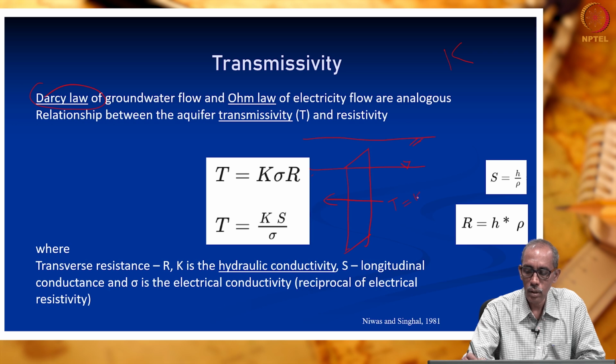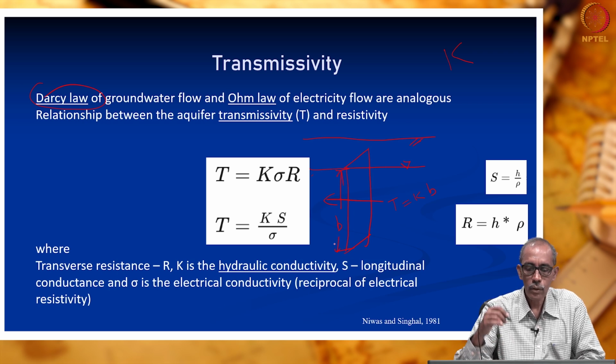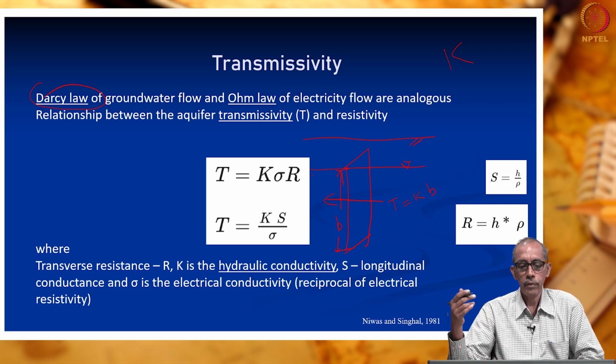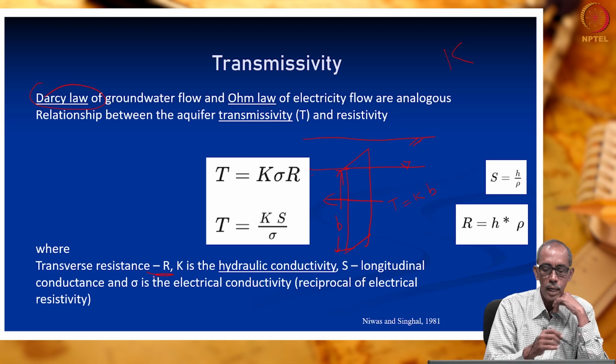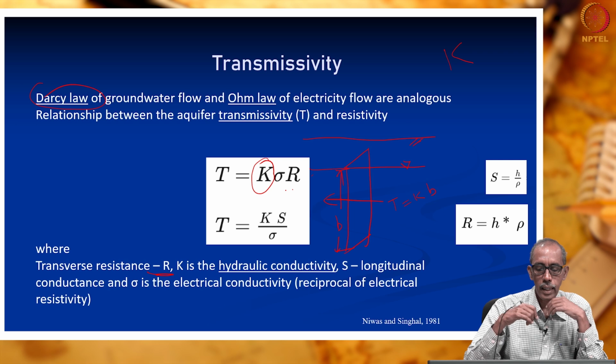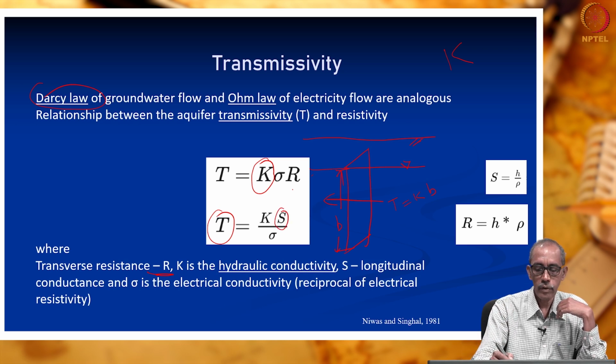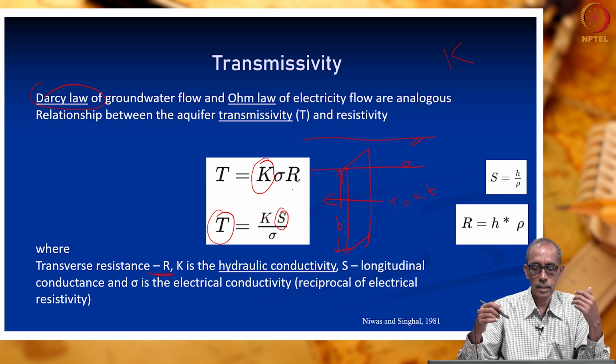So, T is equal to K multiplied by the thickness of this aquifer, that is, this is B. So, there is a relationship between transverse resistance R and hydraulic conductivity using this relationship. So, transmissivity of the aquifer can also be estimated using the longitudinal conductance which we have measured, or transverse resistance.